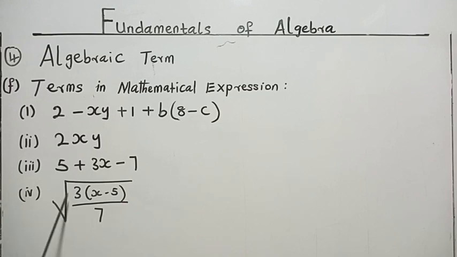The last one is this. Square root of 3 brackets x minus 5 all over 7. This root actually covers everything. Even if x minus 5 is a difference, and you have over 7 already. Even without this root, already x minus 5 no longer will be considered as separate terms. Instead, they are going to be considered as one term.